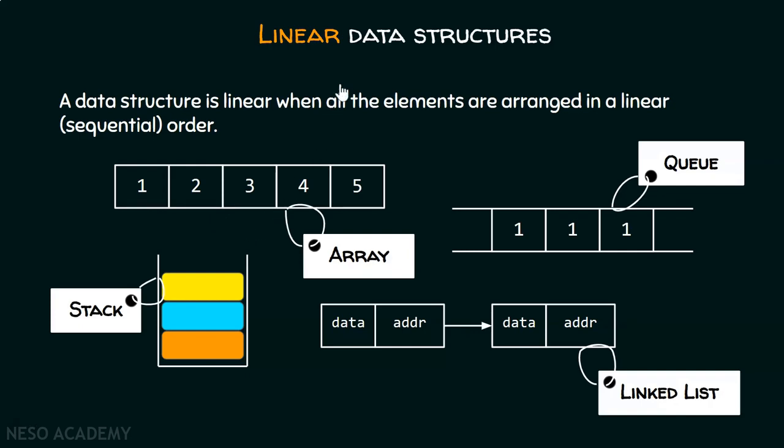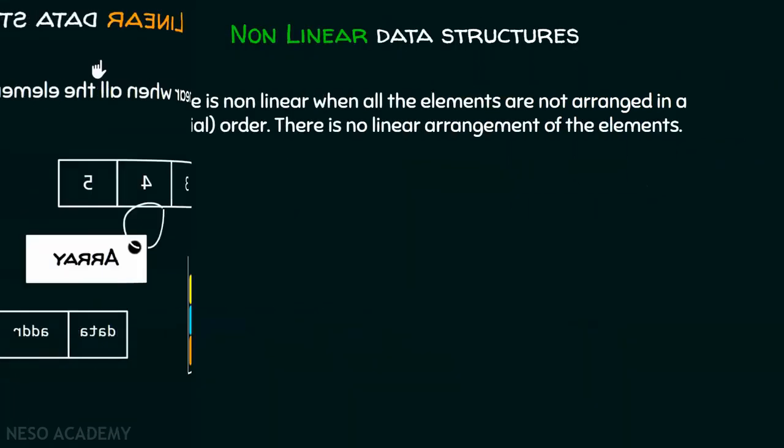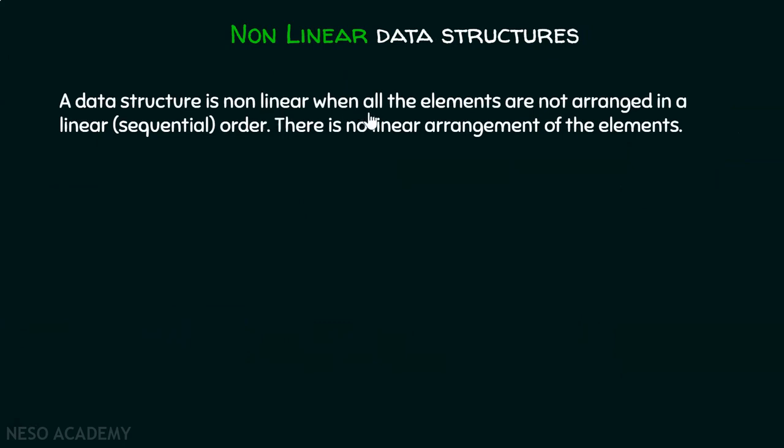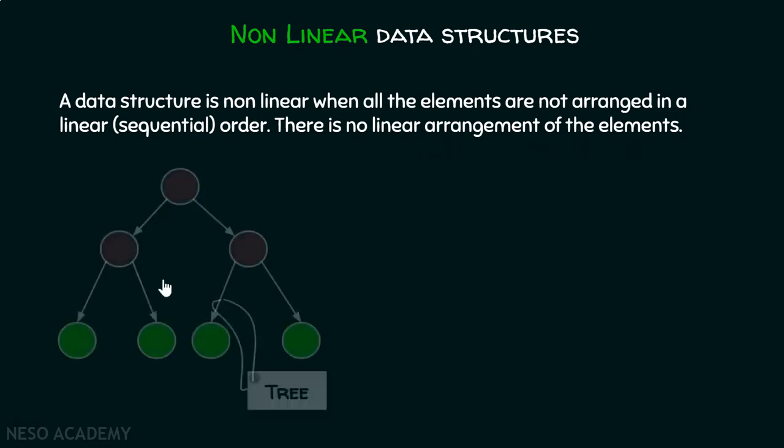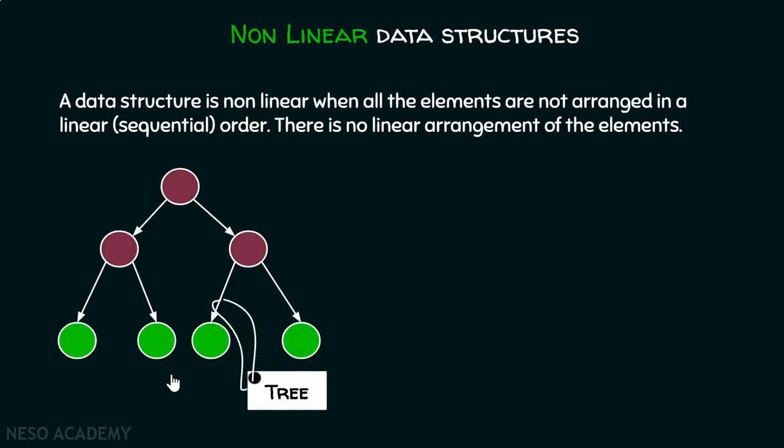Now, let's discuss non-linear data structures. A data structure is non-linear when all the elements are not arranged in a linear or sequential order. There is no linear arrangement of the elements. For example, here we can take this data structure. This is a tree data structure as I have labeled over here. This data structure is not linear. Why are we saying that this data structure is non-linear?